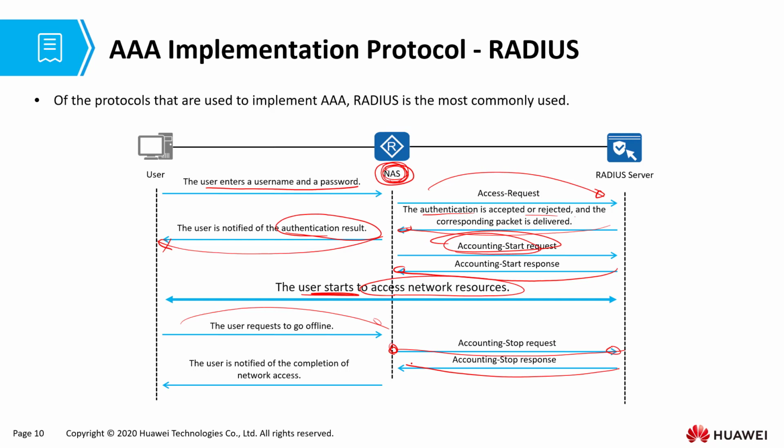On receipt of an accounting stop response, it will send the relevant notification to the user of completion of network access. This is the kind of exchange of packets that happens when you are accessing a network for which the resources and access rights, the AAA, are governed by a remote Radius server.